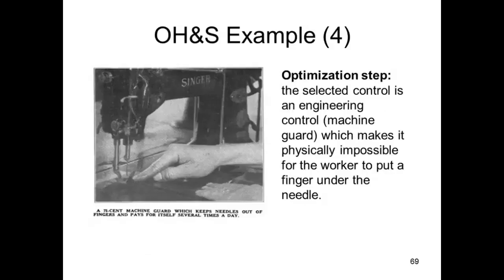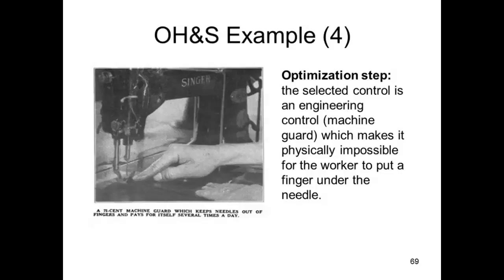This is a public domain picture from How Henry Ford Saves Men and Money. They put a guard which costs 75 cents, and that might be more like $10 today. We're talking 75 cents, and the money of 1920 was a lot of money. In any event, that guard allows the fabric to be slid under that needle, but the worker's finger can't go under the needle, which makes the accident physically impossible.